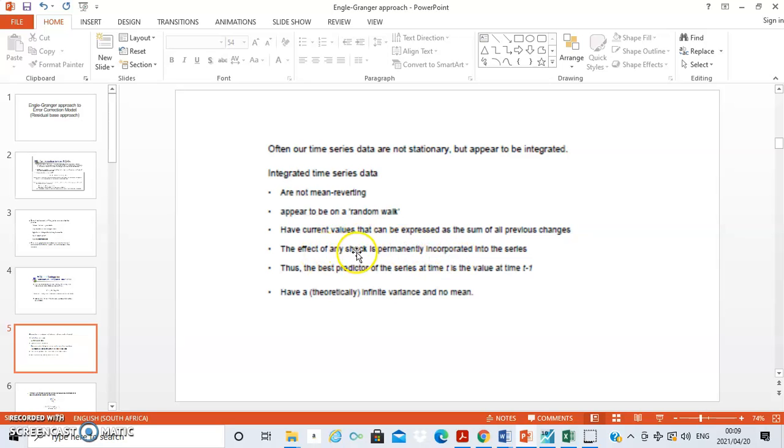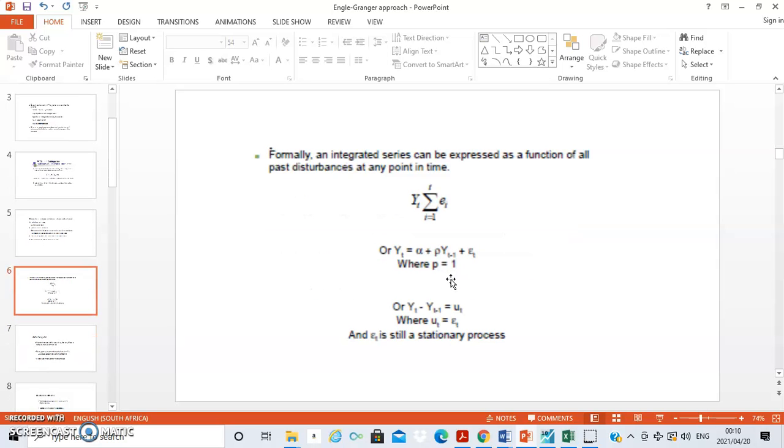In other words, the effect of any shock is permanently incorporated into the series, and usually it has an infinite variance and there's no mean. Okay, so you can see that all these characteristics are the opposite of the stationary time series variable. All right.